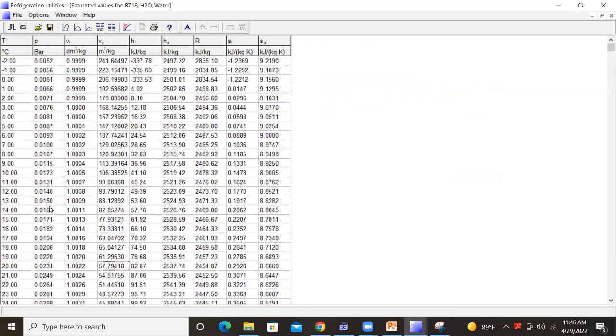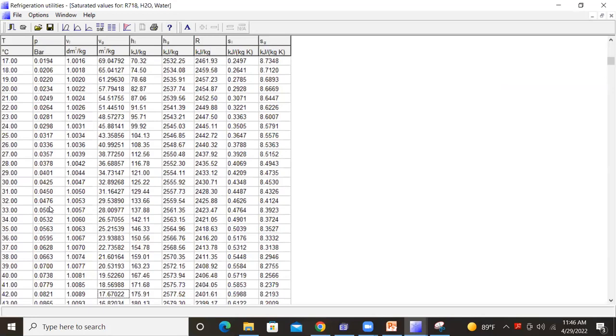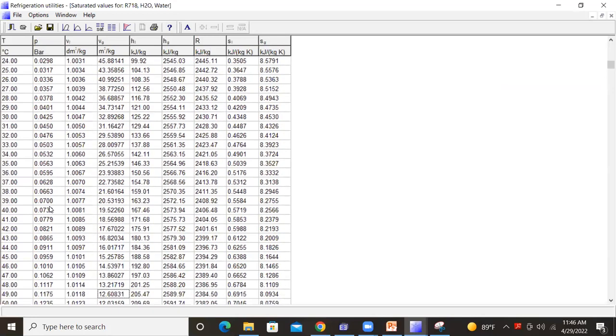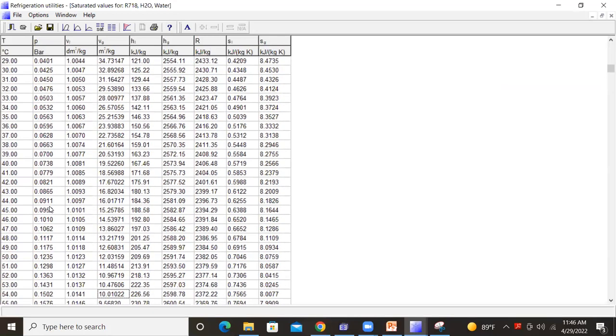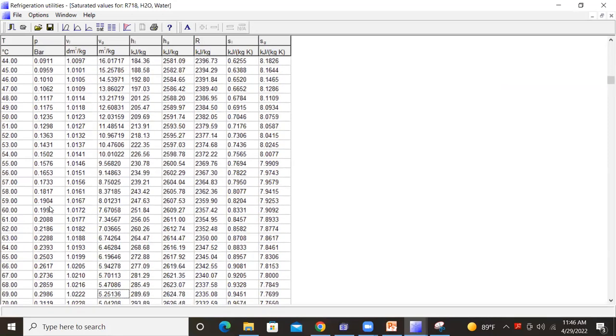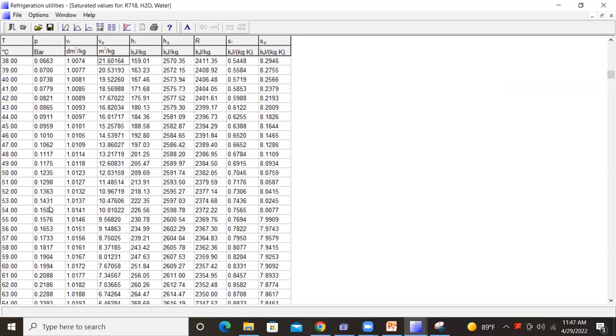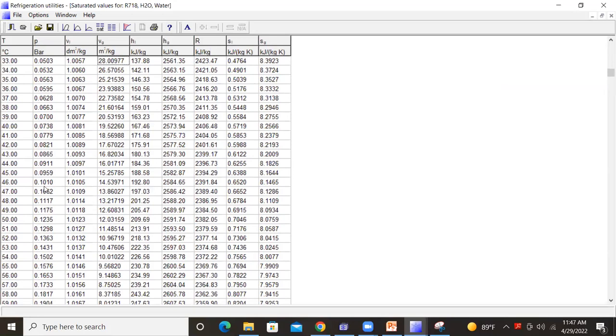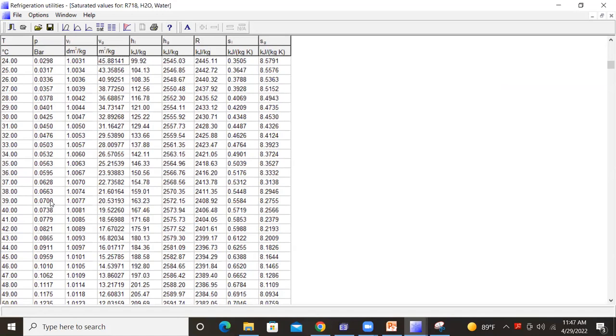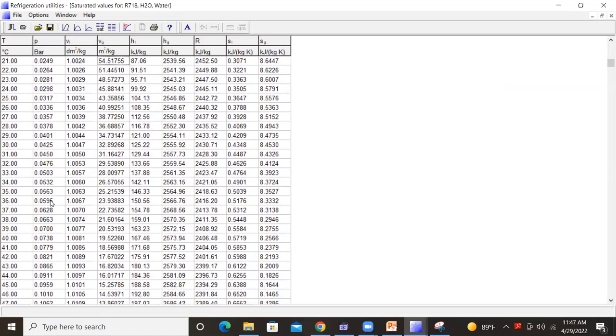So now I am looking for 0.5 bar. No, I will go further lower to make it practical. So I will go for lower temperatures.